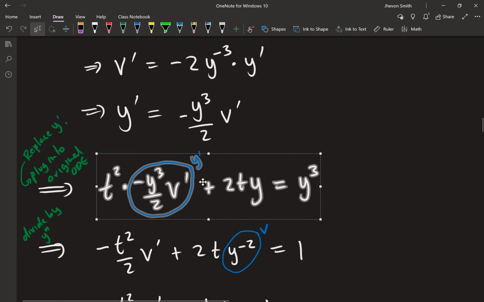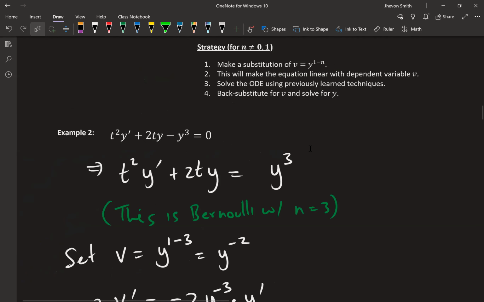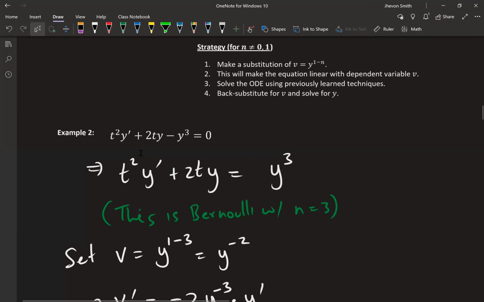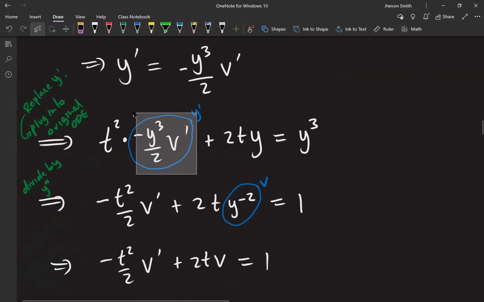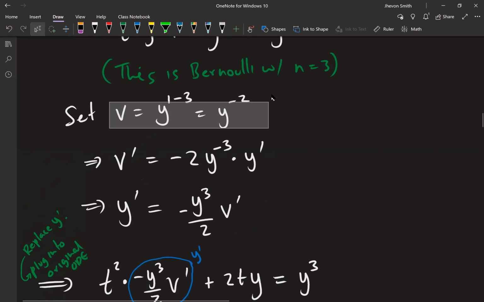So this part here comes from taking the original equation, this guy, and I literally just replace the y prime. I just put this in place of the y prime to get this. That's all that happens. So I did the substitution.